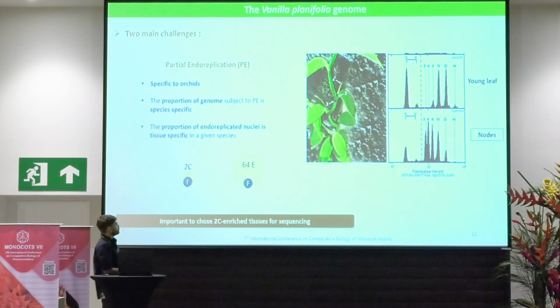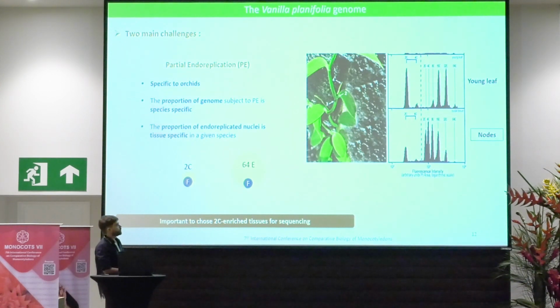And the second one, and one for which we are lucky in our sequencing project, is that the proportion of endoreplicated nuclei is also tissue specific in a given species, with some tissues like the node showing a higher proportion of lowly endoreplicated nuclei, so 2C content, 2E, 4E, 8E, than some other tissues like leaves, which show a really high proportion of endoreplicated nuclei.